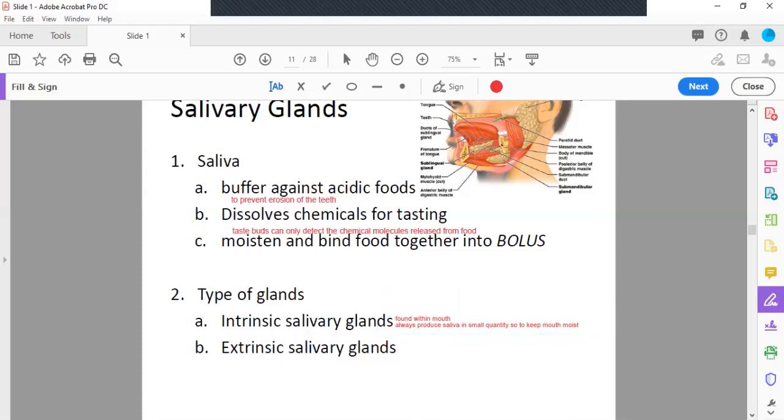The extrinsic salivary glands are found outside of the mouth.